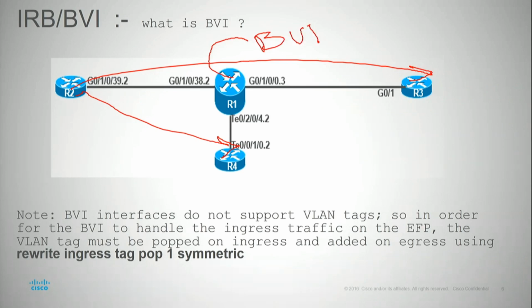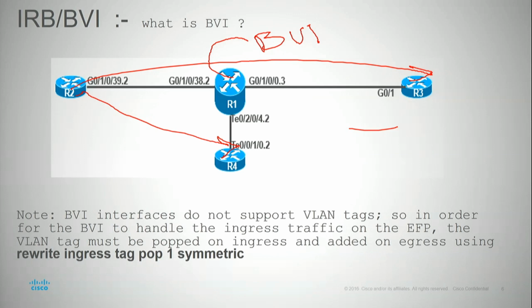A Bridge Virtual Interface is a virtual interface within the router that acts like a normal routed interface. It does not support bridging itself, but it acts as a gateway for the corresponding bridge domain to the routed interface.